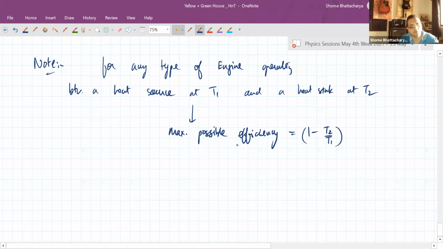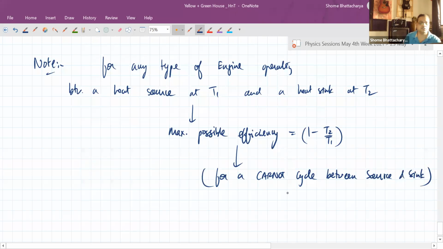That is, the maximum possible efficiency will be for a Carnot cycle between the source and sink. So any other type of heat engine will have an efficiency of less than the Carnot engine.